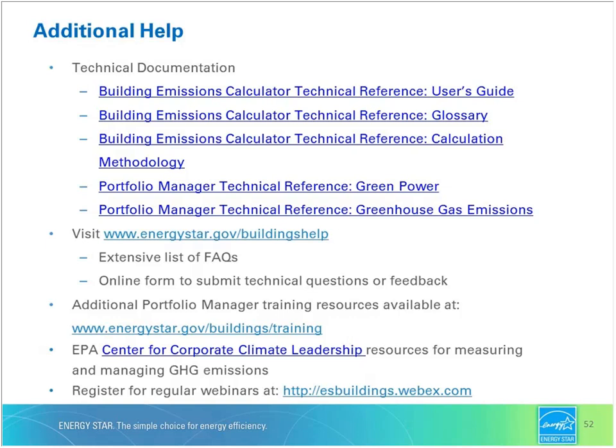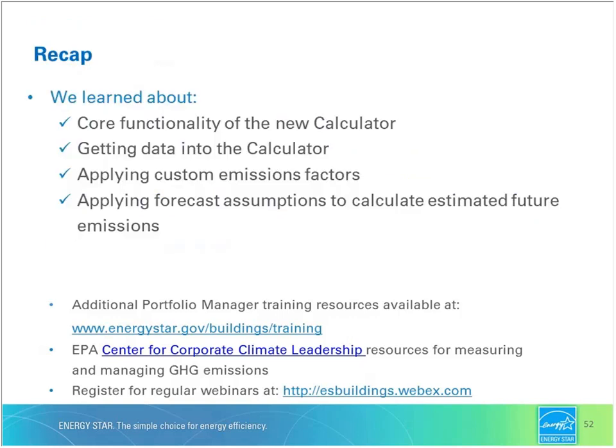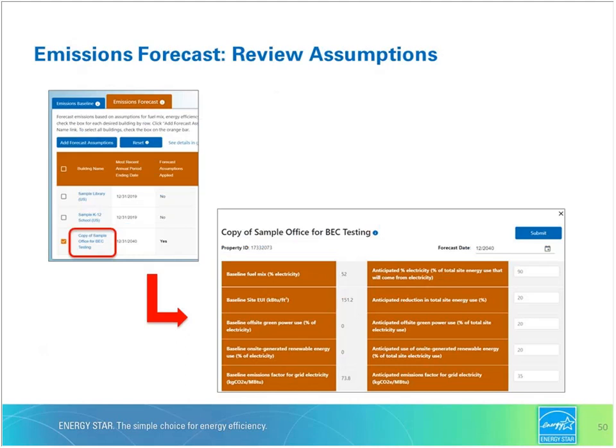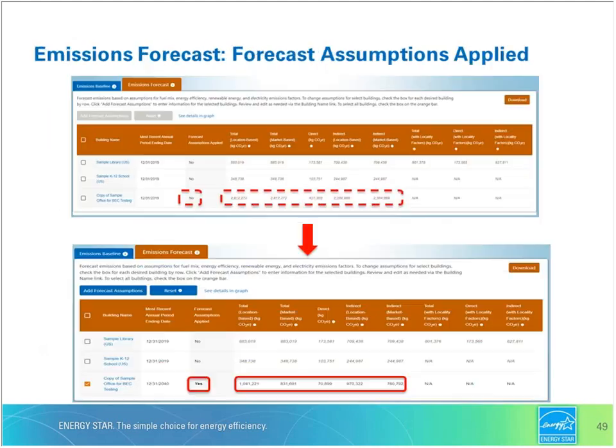All of these links are hyperlinked, so in the slide deck that you get following this session, all of these links will be clickable. The other thing I want to note is that this is about a 50-slide deck. That's because we have screenshots that walk through all of the content that I provided live.